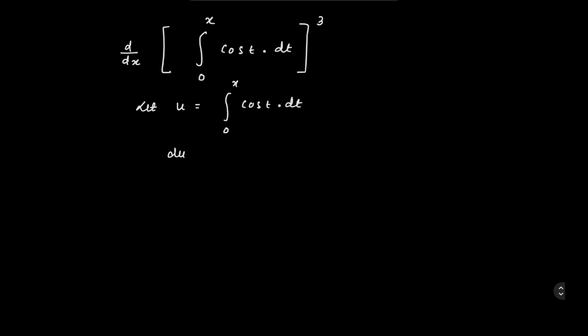So du/dx will be how much? d/dx of the integral from 0 to x of cos t dt. So this is equal to cos x, by FTC, the fundamental theorem of calculus.